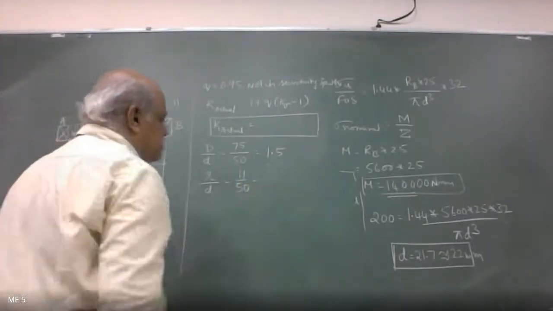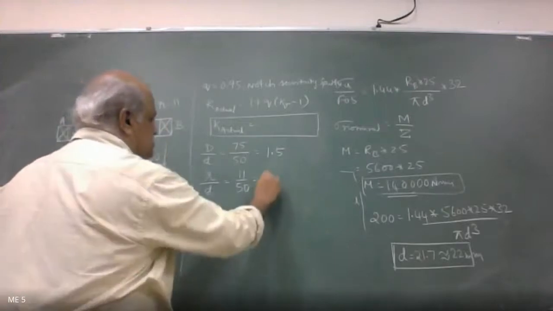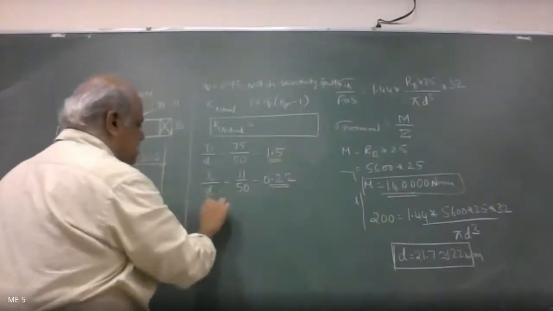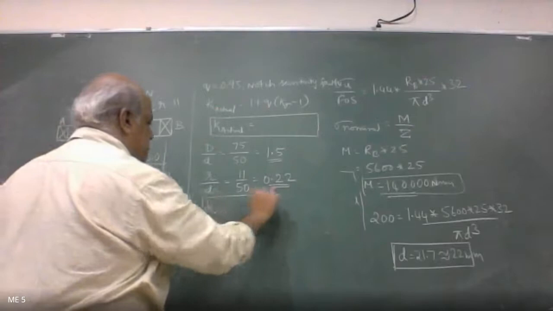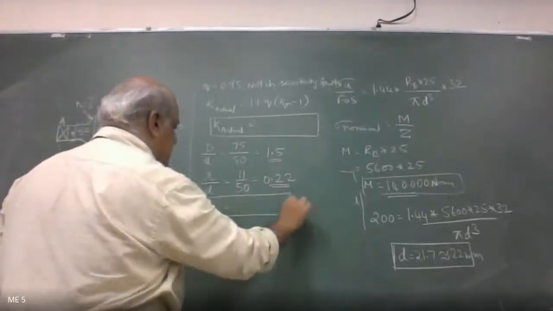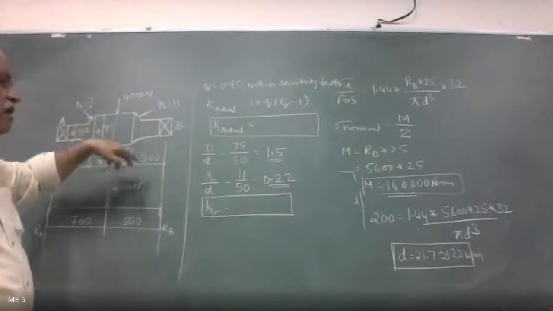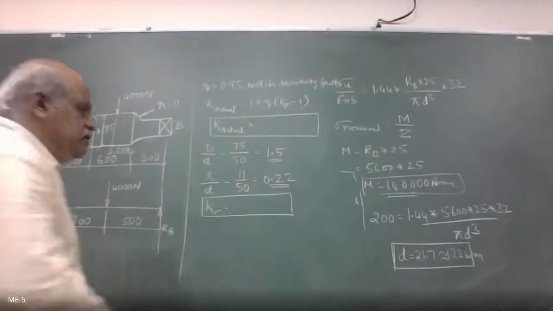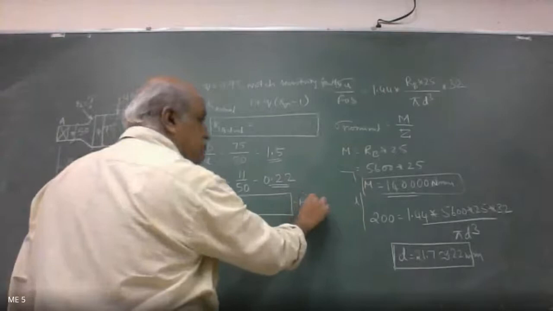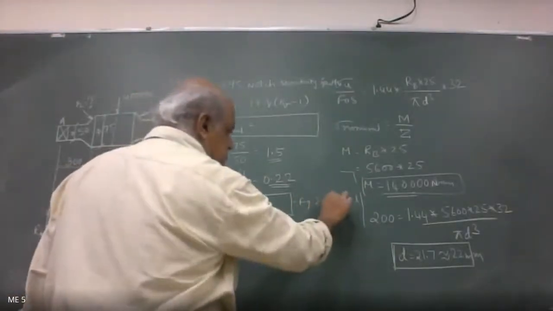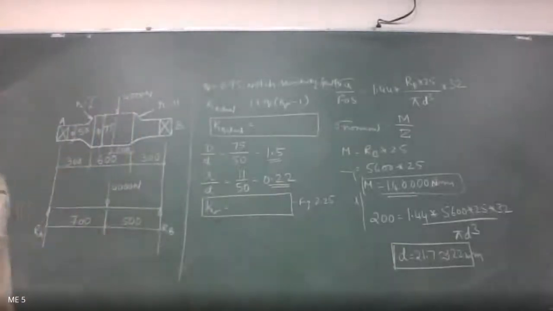What is the value of this now? 0.22. Now for this, get me the value of K sigma. Again it is a stepped shaft subjected to bending moment. Again refer figure 2.25 and give me the value of K sigma.